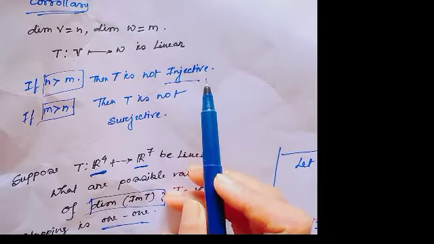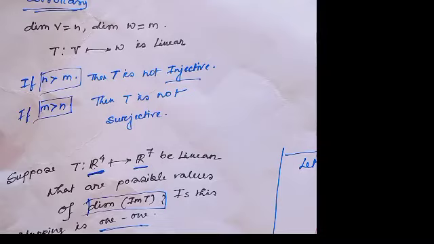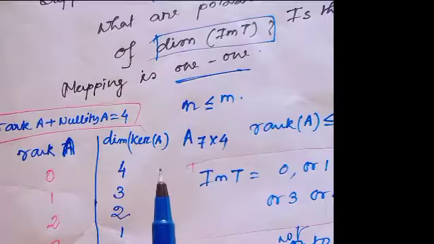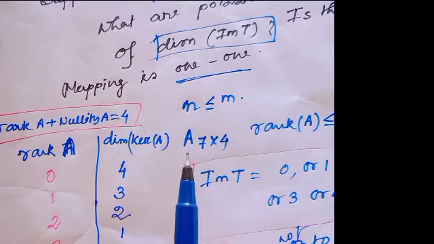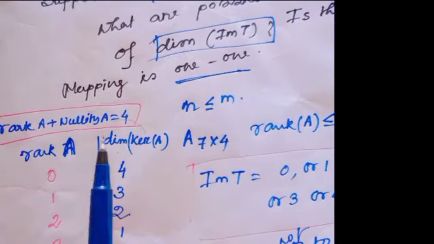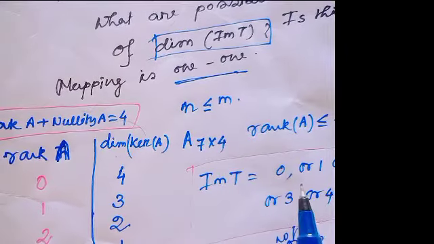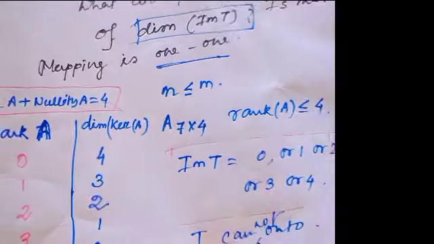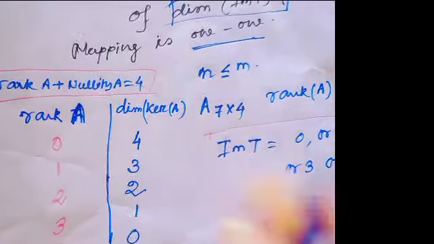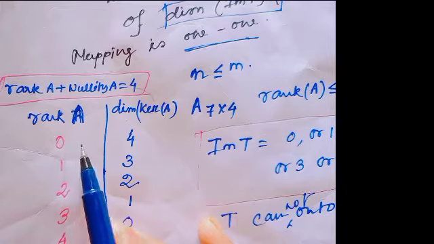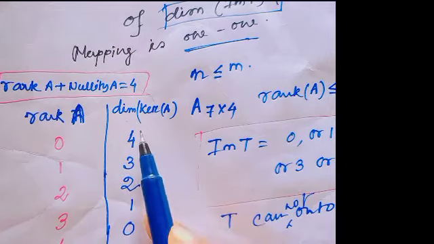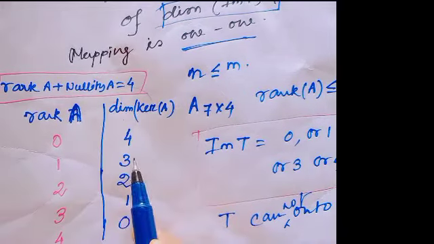But I will use another method to check 1-1. I will see the possibilities of the kernel of the matrix. Here rank of A plus nullity of A equals 4. Since the possibilities of rank of A are 0, 1, 2, 3 or 4: when rank of A equals 0, the dimension of kernel A equals 4. When 1, then kernel A is 3.